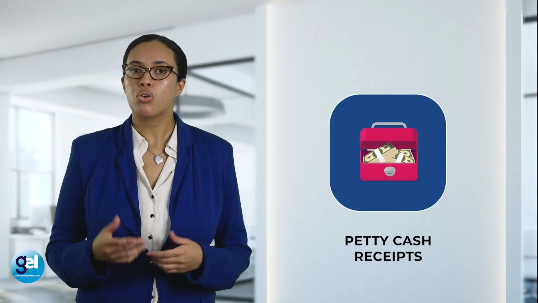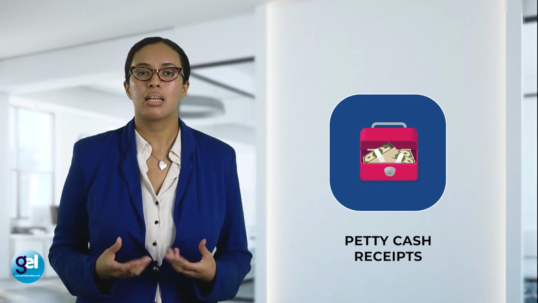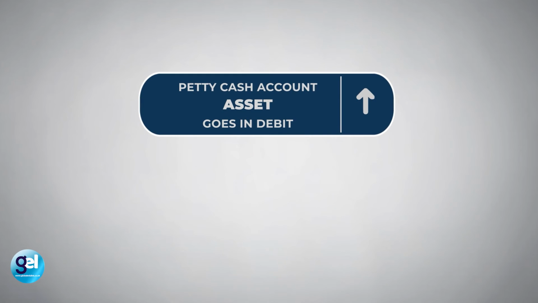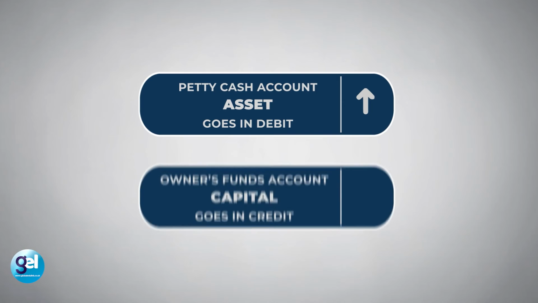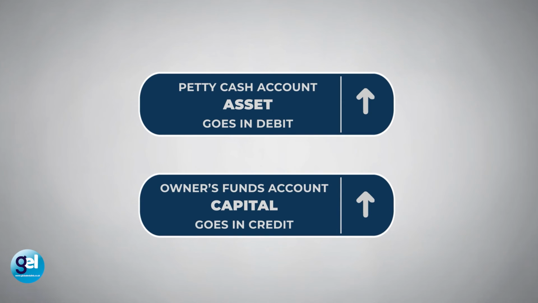What if we are increasing the amount of petty cash, so cash in hand available? That will be the complete opposite transaction recording. Our petty cash account, which is an asset, because it increases, goes in debit. And the other part, which usually is, for instance, capital coming from the business owner, will go in credit, because capital accounts behave like liabilities. They increase in credit and decrease in debit.